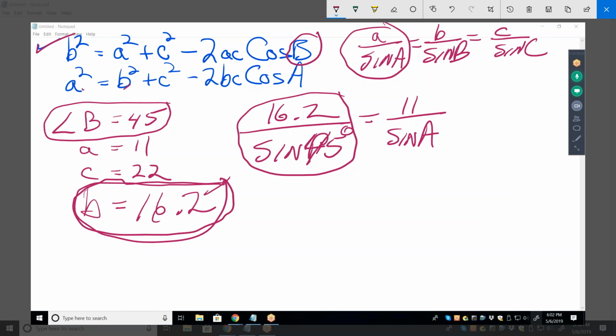You have to distribute or get rid of the 11. Cross multiply. Whenever you have one fraction equals another fraction, almost always the correct thing to do is to cross multiply. Get rid of both denominators in one step.